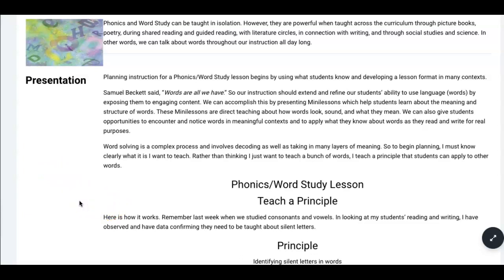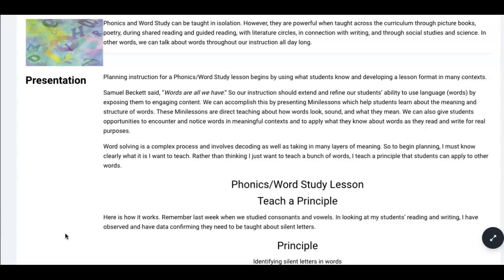This is accomplished by presenting mini lessons which help students learn about the meaning and structure of words. These mini lessons are direct teaching about how words look, sound, and what they mean. We can also give students opportunities to encounter and notice words in meaningful contexts and to apply what they know about words as they read and write for real purposes.